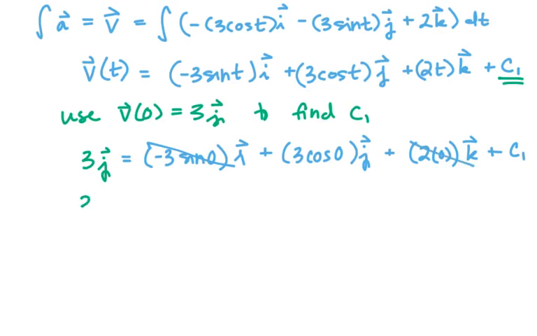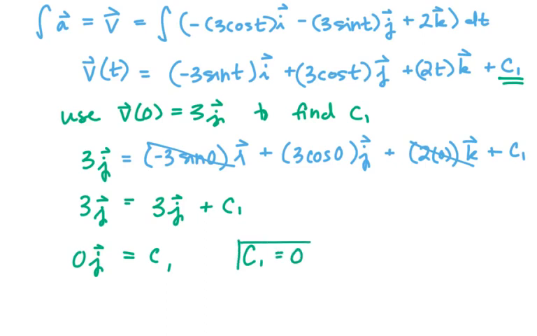So this simplifies to 3j equals... cosine of 0 is 1, so equals 3 times the vector j plus c sub 1. Now, if I subtract that, I have 0j equals c sub 1. So c sub 1 in this situation equals 0, which is nice, convenient, and easy.